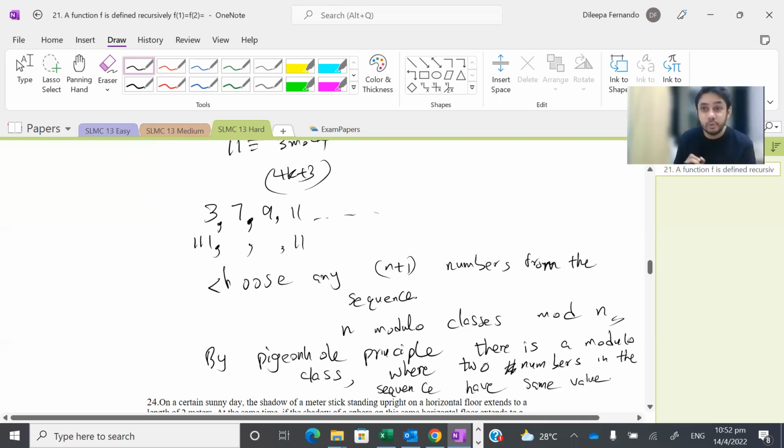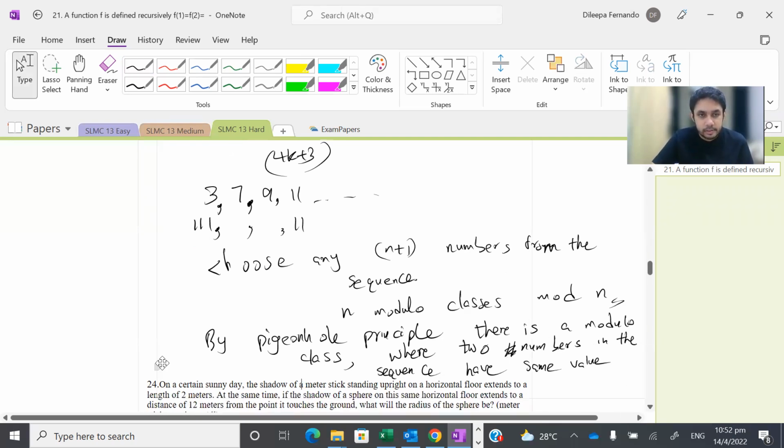Means you can find two numbers in the same modulo class.